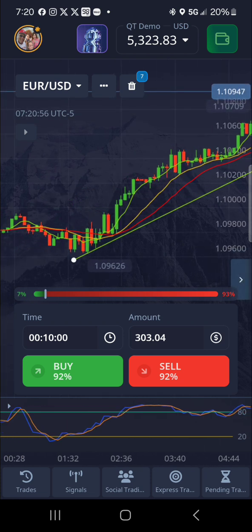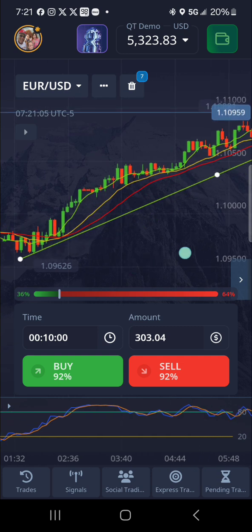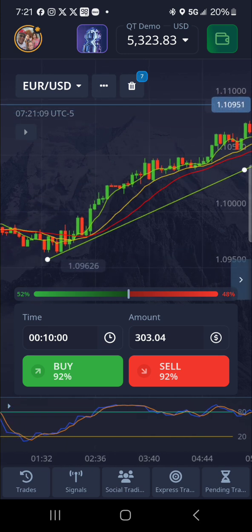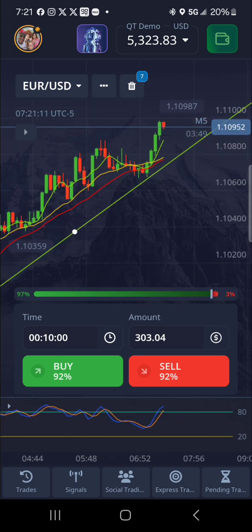So this is how you get good lines. You start with the hour so that you can see the overall trend, and then you go down to the smaller minutes so that you can adjust the base of the line to get the best support line.